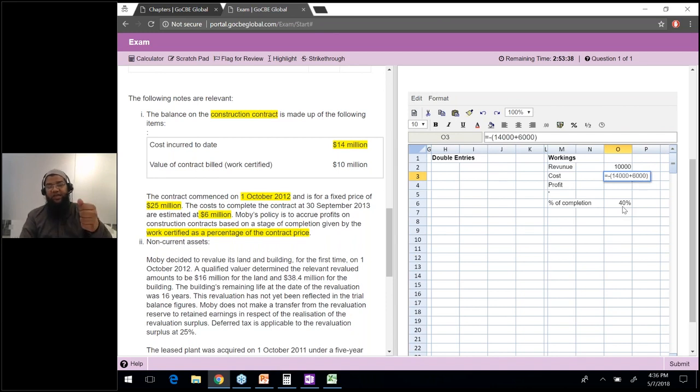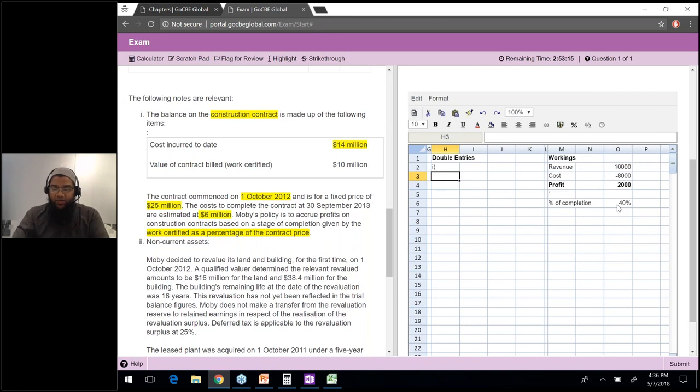We have incurred 14, we will incur further 6. So total cost is 20,000 into 40% should be the cost, and the profit should actually be the total of $2,000. So this is how we actually calculate the profit on the construction contract under IFRS 15.